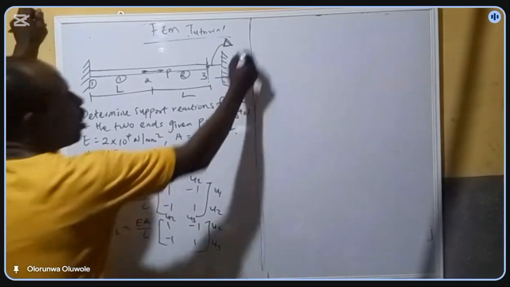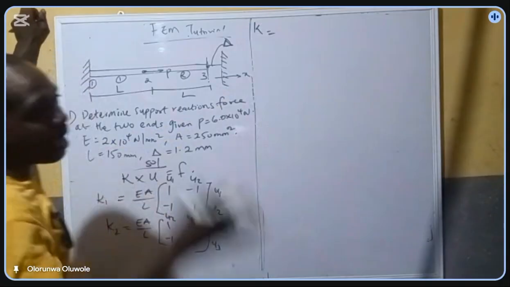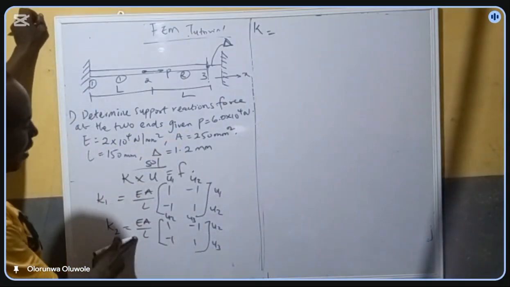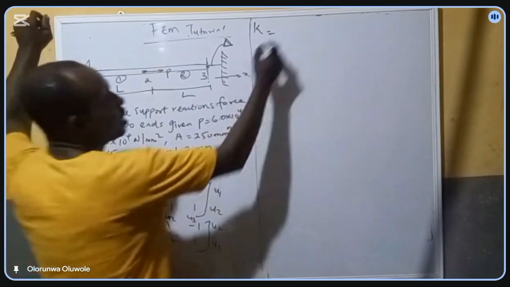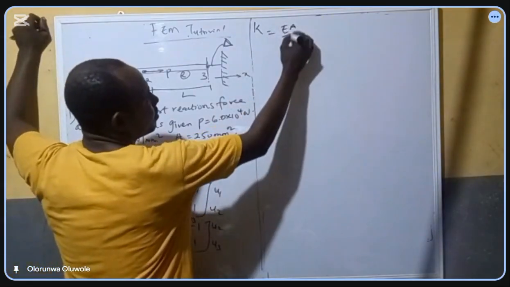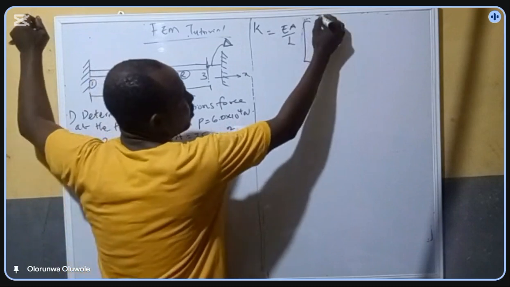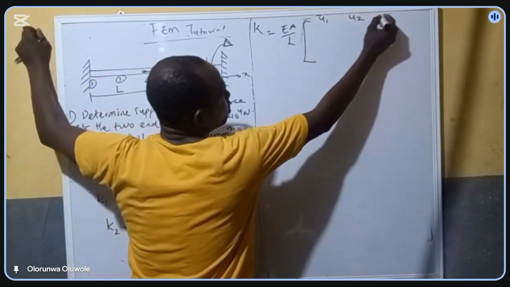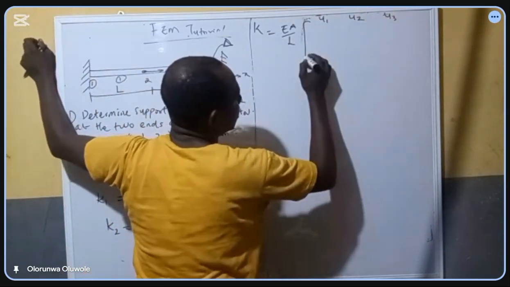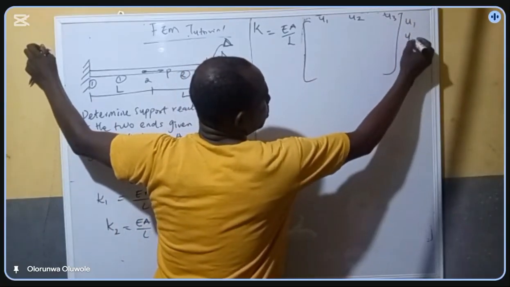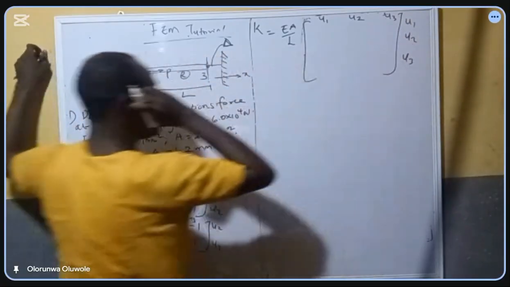Then do your K group matrix. E over L over there is constant, so you bring E over L out. Then you have your U1, U2, U3, here too, your U1, U2, U3.